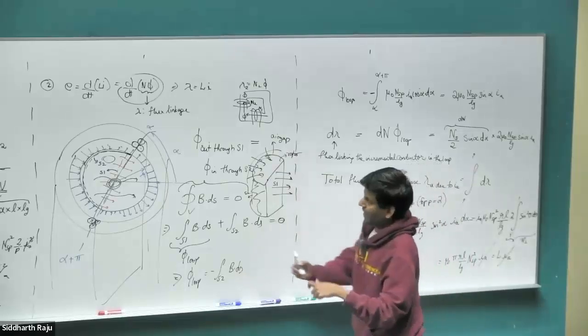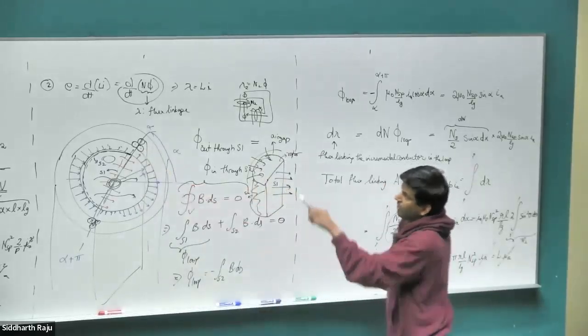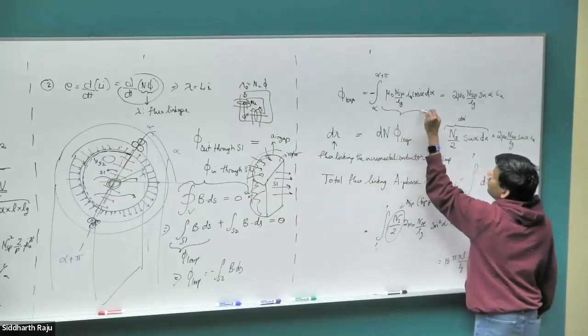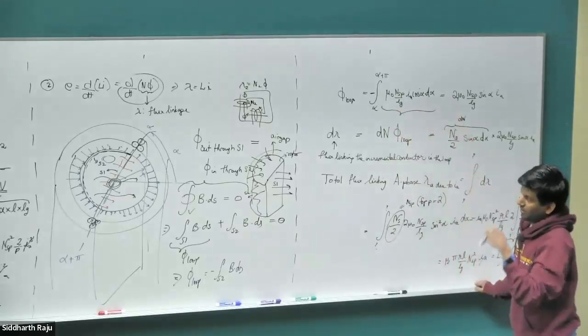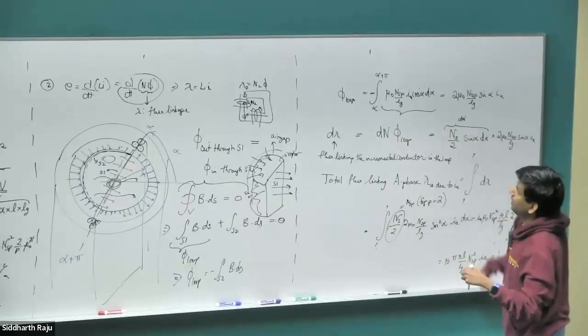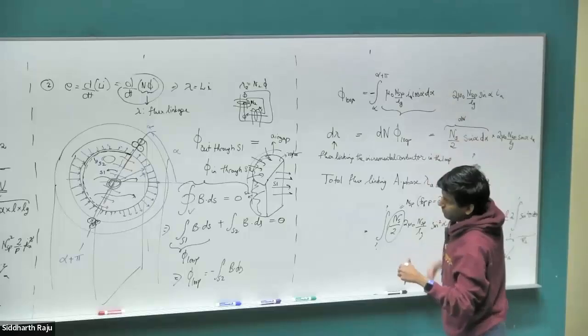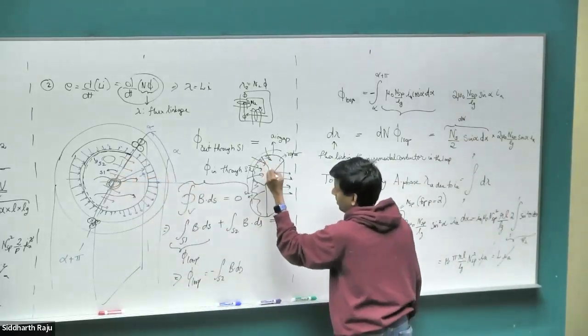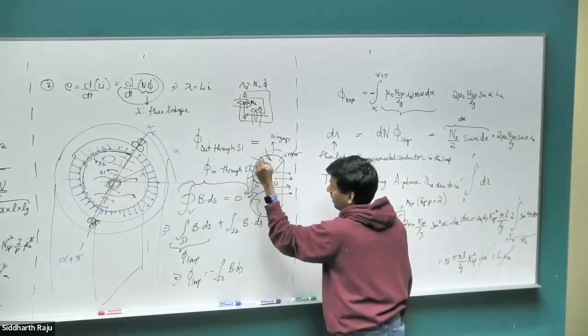So starting with some angle alpha, so B of alpha, plugging into our B expression there, we have this equation right there. And to figure out the flux, we just have to multiply it by, again, a tiny cross section.